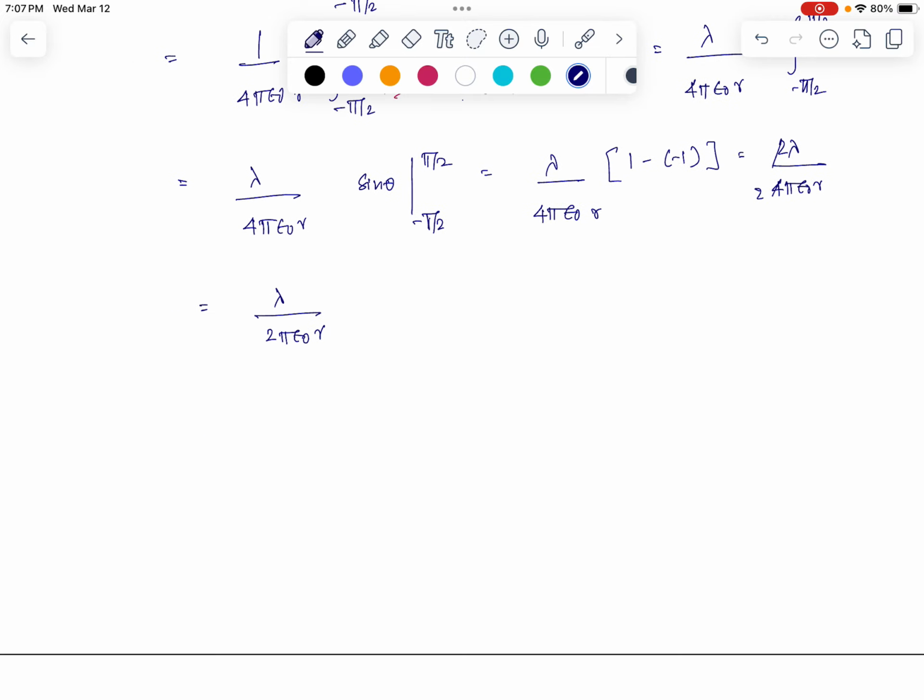Now, however, the thing to do is to use Gauss's law to greatly simplify this computation. So what we do here is we create a Gaussian surface which looks like a cylinder, symmetrically placed about this wire.